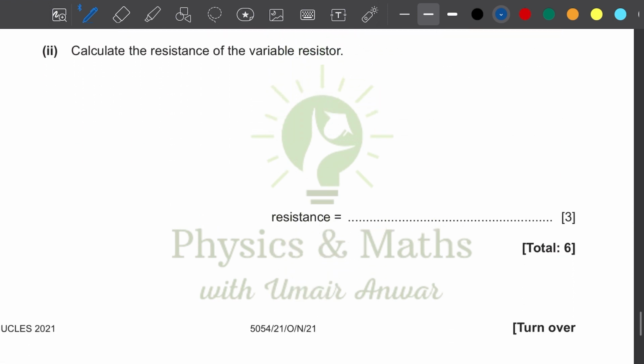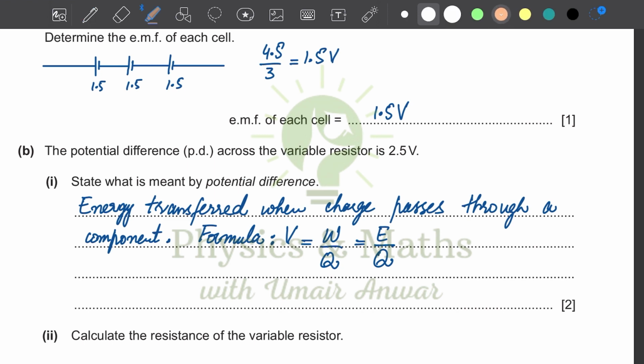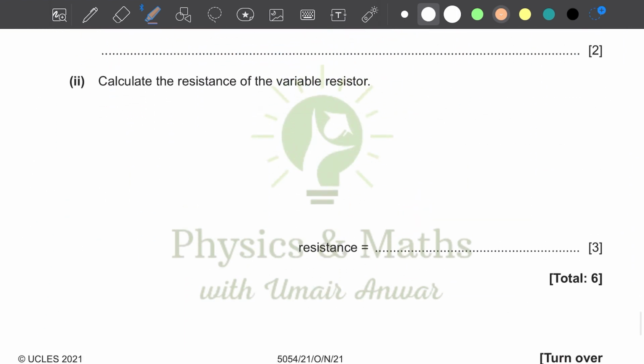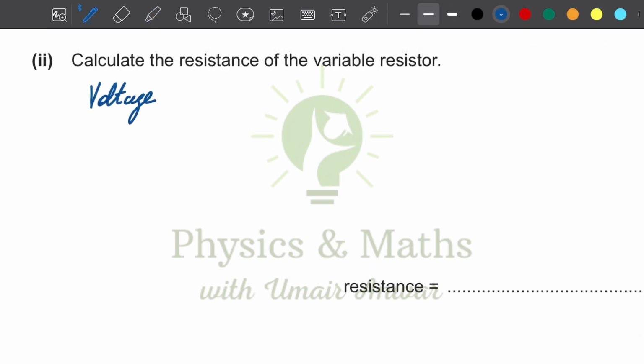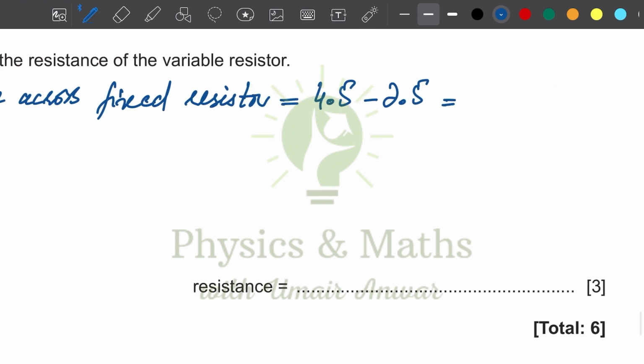Now the next part says calculate the resistance of the variable resistor. Now we know that the potential difference across the variable resistor is 2.5 volts. So using this we can find out the resistance value. First we find the voltage across the fixed resistor. So it would be 4.5 minus 2.5. It would have a voltage of 2.0 volts across it.